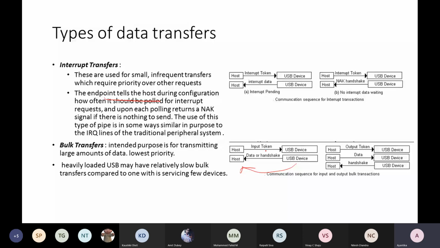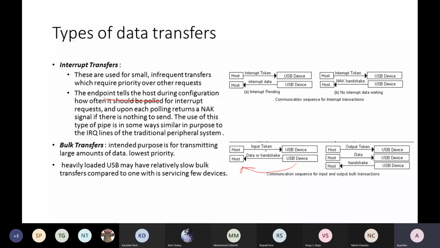Output token means data will be sent from the host to the USB device, for example when you are using that USB device as storage, or for some other requirement.